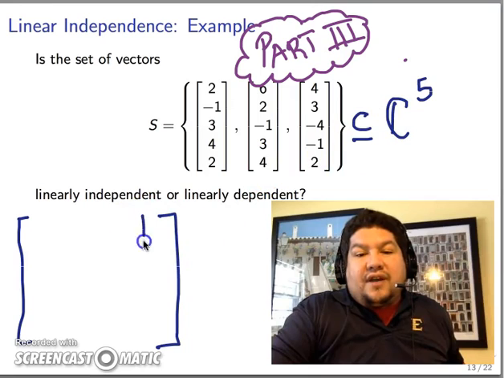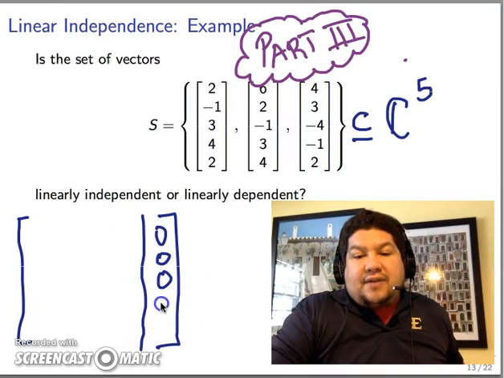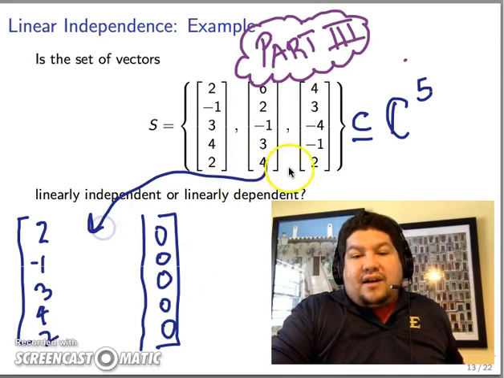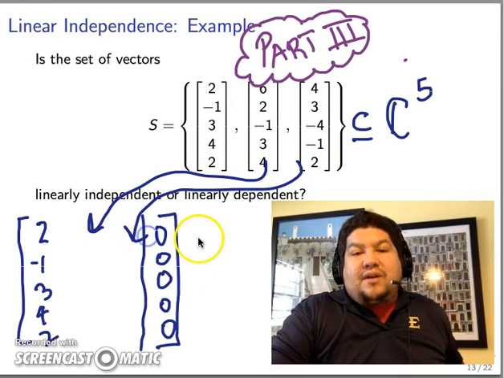You could work with the augmented matrix such that the last column is a column of zeros, and then stack these numbers: 2, minus 1, 3, 4, and 2 for the first column, then the second column and the third column, and off you go.